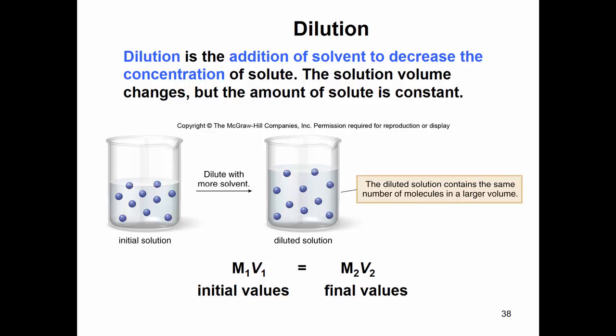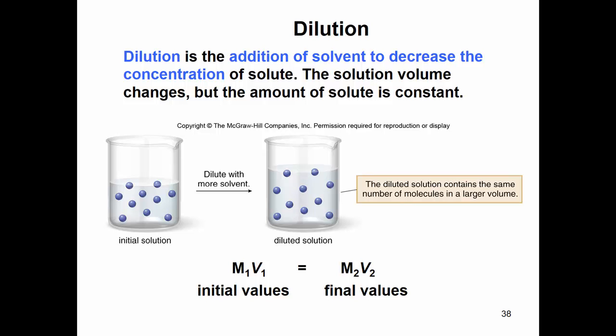So we can do dilution calculations and we can figure out, okay, if I start with a certain concentration and volume, I can find out what my concentration or volume would be if I dilute it. Okay, and so just like all of our other equations, here we have 4 variables. If I have 3 of the 4, then I can solve for any of these here.